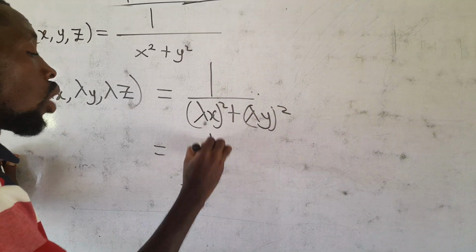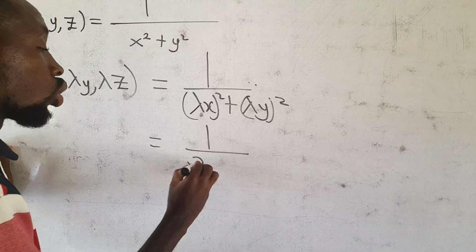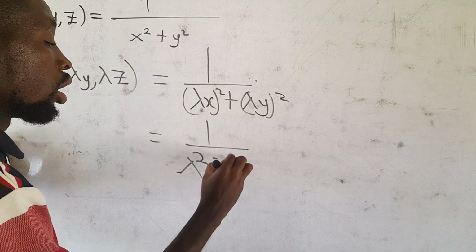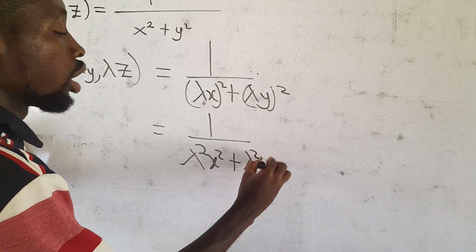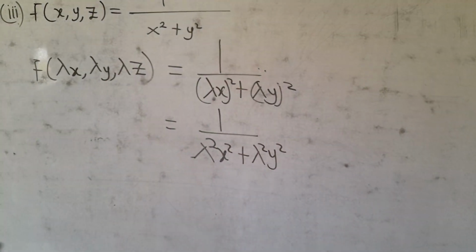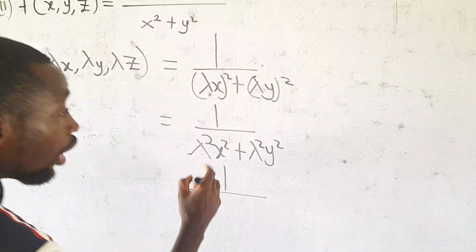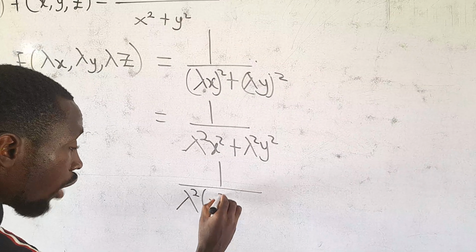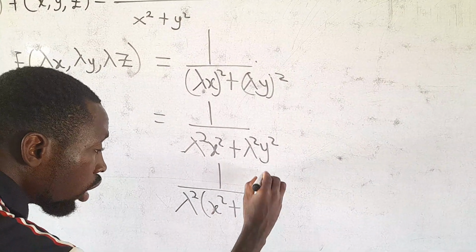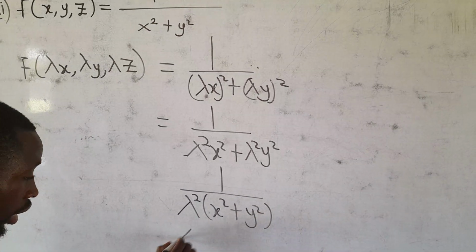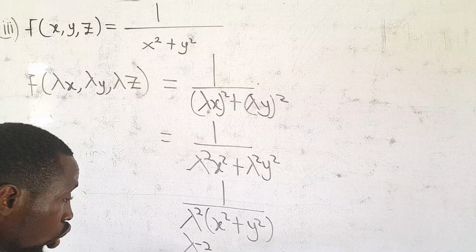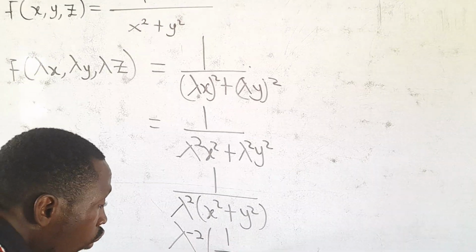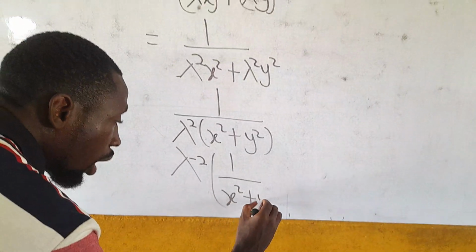So we have 1 all over lambda square x square plus lambda square y square. What is common here? We have lambda square out, we have x squared plus y squared. We can rewrite this as lambda exponent negative 2, using indices, times 1 all over x squared plus y squared.